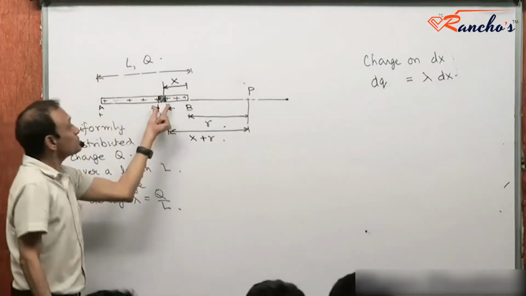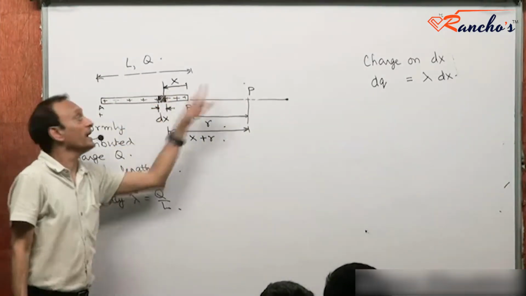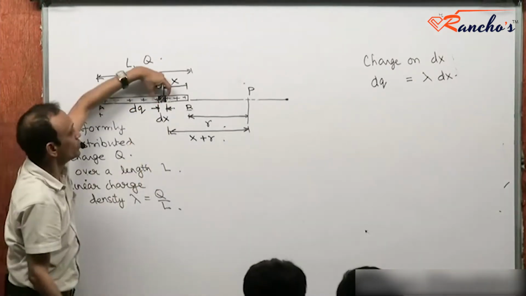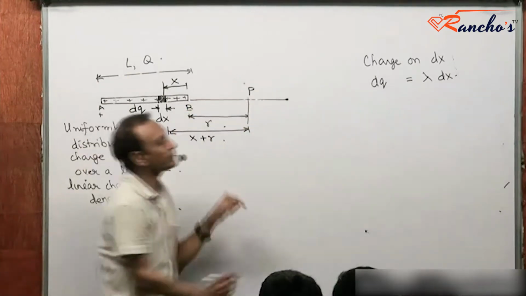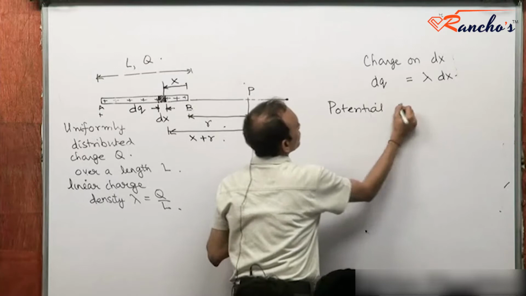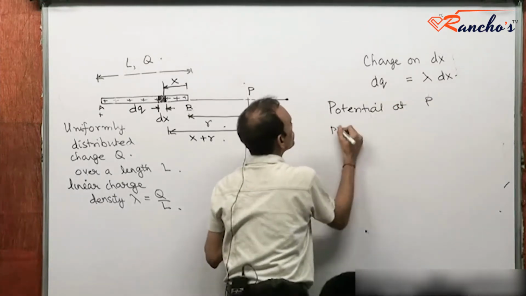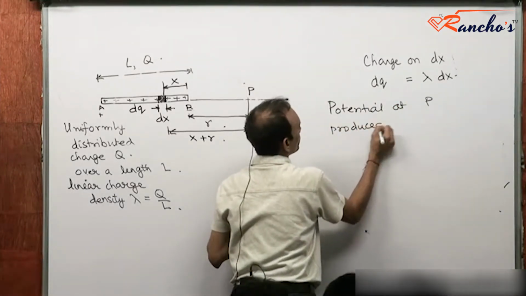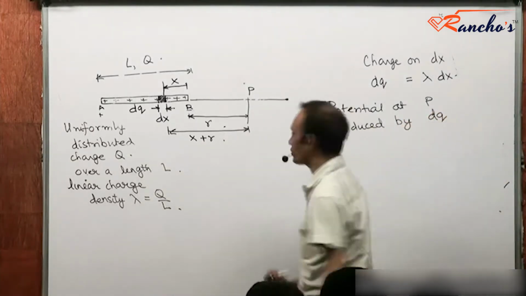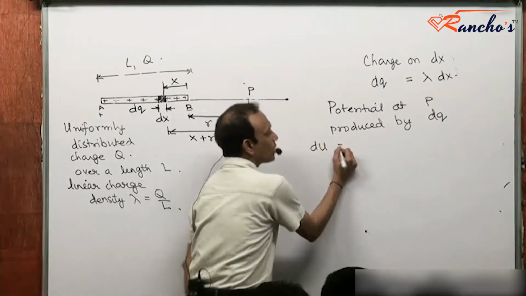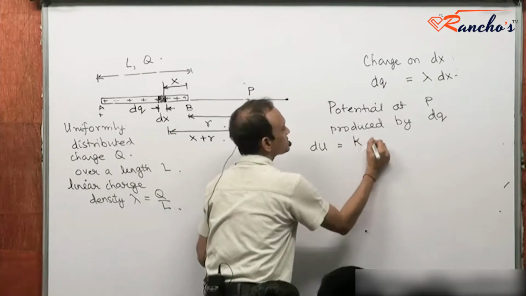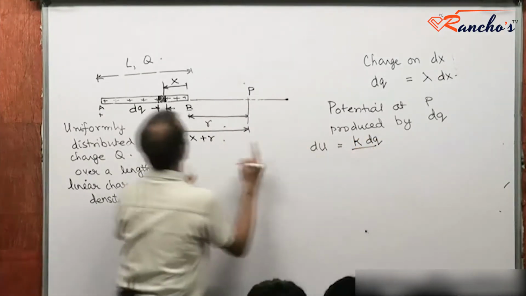So at P, this point charge, containing an amount of charge dq, produces a potential at P. The small potential du produced at P is going to be k times dq divided by x plus r.